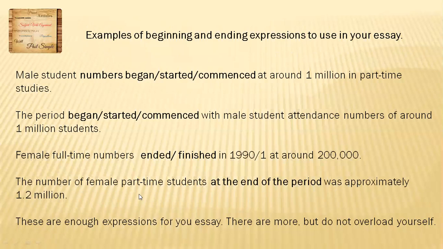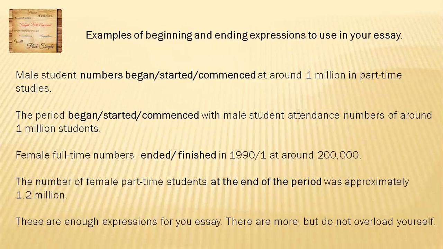So these are enough expressions for you to use to practice. Remember, you'll be applying this to lots of different essays that you practice. The structure is the most important thing. How you group the information and then how you write that information are both crucial to your score. I could give you more topics, but I'm not going to overload you. You shouldn't overload yourself, because if you have 4 or 5 different ways to do something, it's too much to remember.